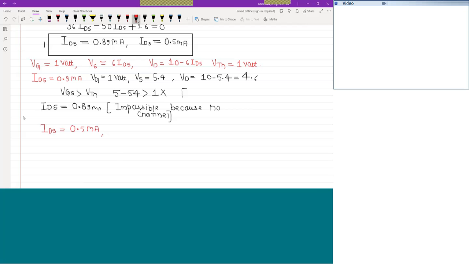So what I can say is, VG is 5 volt. There is no change in VG, because it came from the voltage divider. Then VS is equivalent to 6 into 0.5, which is 3 volt. VD is equivalent to 10 minus 3, which is 7 volt.